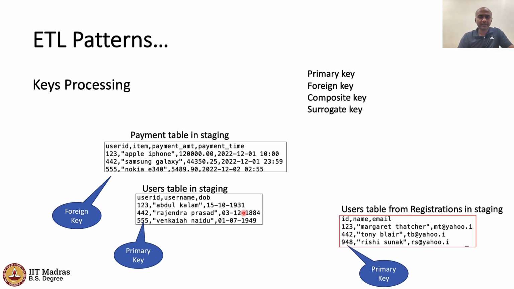Alright, so let's take a look at now a third scenario, which is there is now a registrations table. And where is this table coming from? This is coming from, let's say, the set of loyal users of this retail shop. So we've got a users table, and that users table comes from the domain of payments.